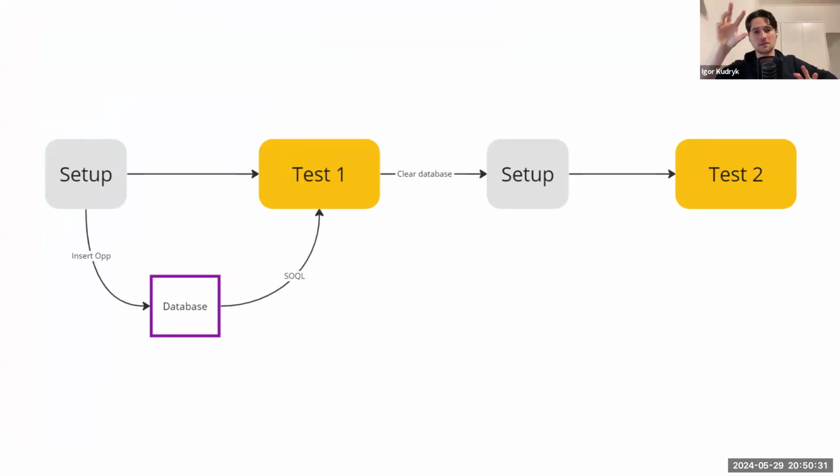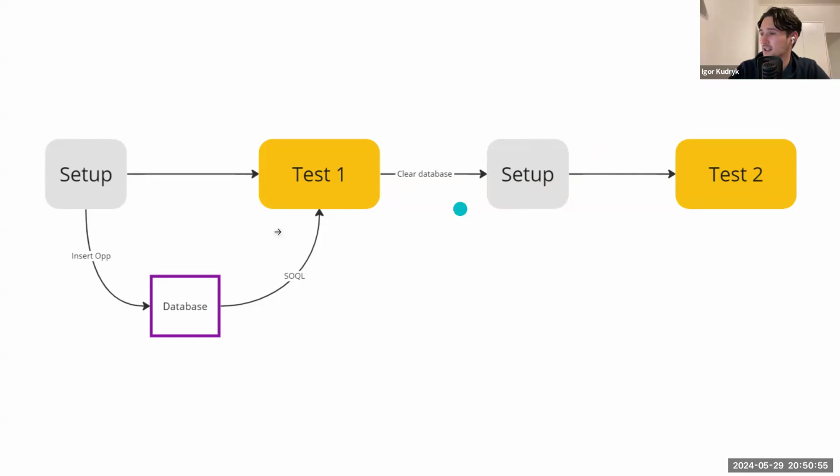Then setup is executed, then test number 2 is executed. And there's no intersection between those tests. Basically, every time a new test is executed, you are completely clearing the transaction. So whatever modifications you've done to the same account in the test before doesn't have any implications on all the next tests.